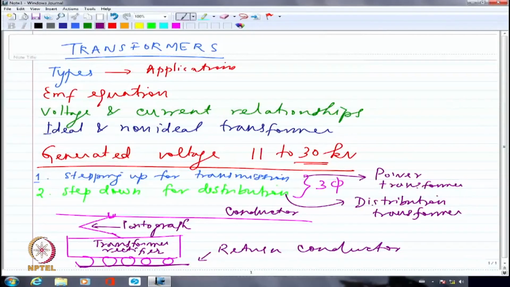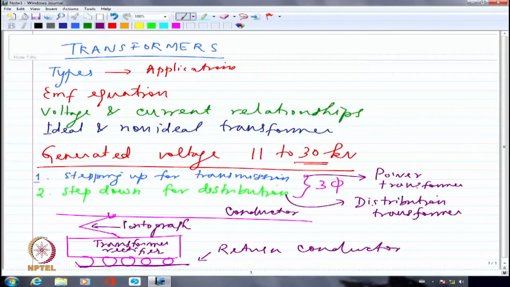So you are shutting down the generator. If you are shutting down the generator, then the transformer will not be energized. So the power transformers will be functioning only when the corresponding generator is functioning, and it will be almost functioning at 100% load to its fullest capacity.